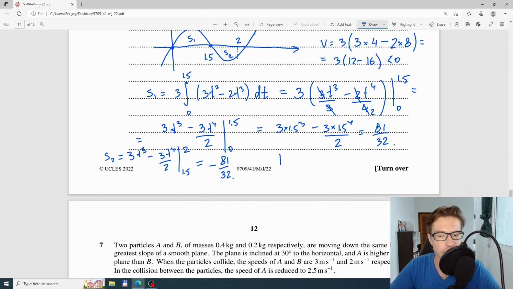So that means that the total distance traveled is going to be 81 over 32. Now remember, I will have to take the second integral with a positive sign, plus 81 over 32. And that gives me about 5.06 meters. Ran out of space a little bit.